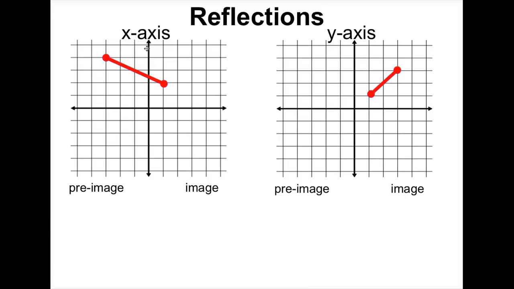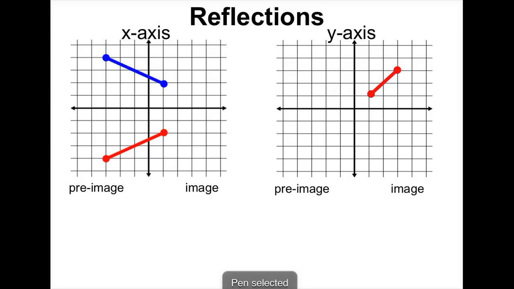Our first picture up on the left is an x-axis reflection. So if I click my shape, this is my shape reflecting over the x-axis. So again, reflecting over the x-axis. What you'll see is that the x-axis is representing like the mirror.